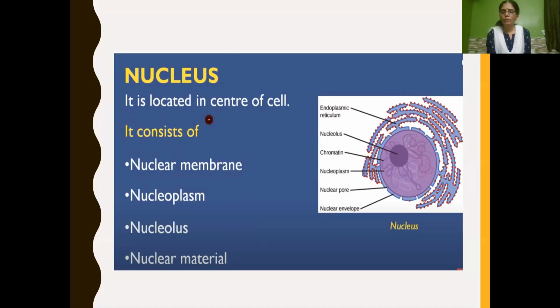Then the nucleoplasm is the fluid substance present inside the nucleus. Then the thread-like structure we call chromatin reticulum, which forms chromosomes during cell division. And inside you can see one more small spherical body, which we call the nucleolus. So these are the basic components of the nucleus.